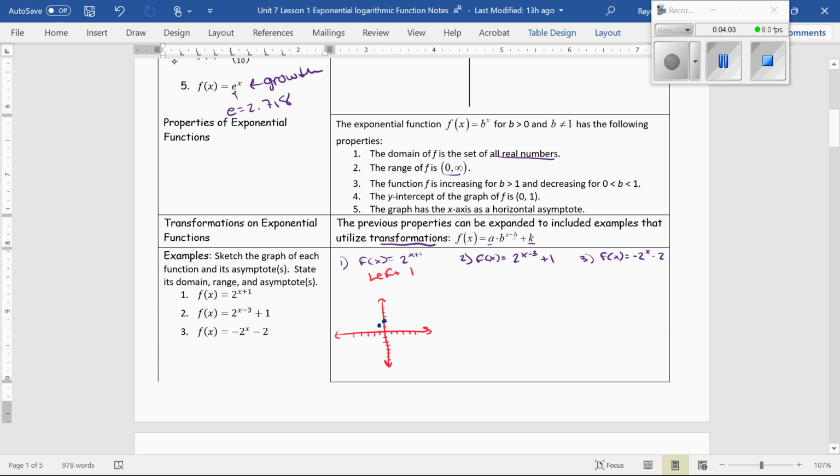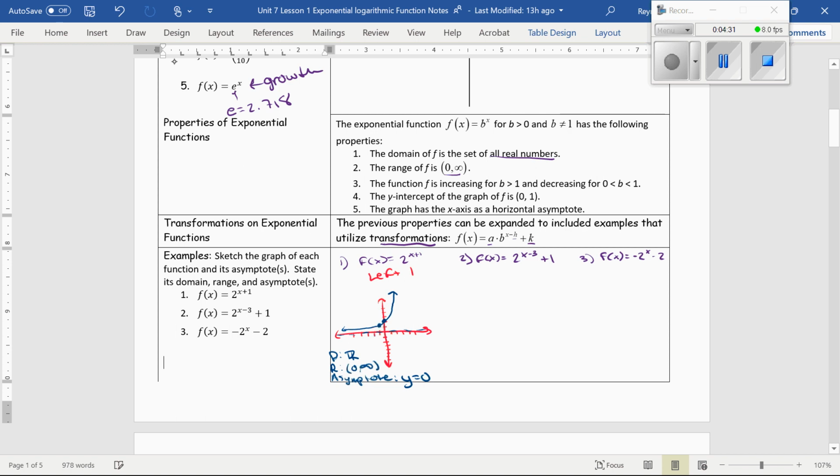So I would just get your points off of your graphing calculator. And so you can see here your domain is still all real numbers. Your range, though, is going to go from 0 to infinity using parentheses because it's never going to hit 0, because we have an asymptote at y equals 0, all right, again, unless there's a shift.